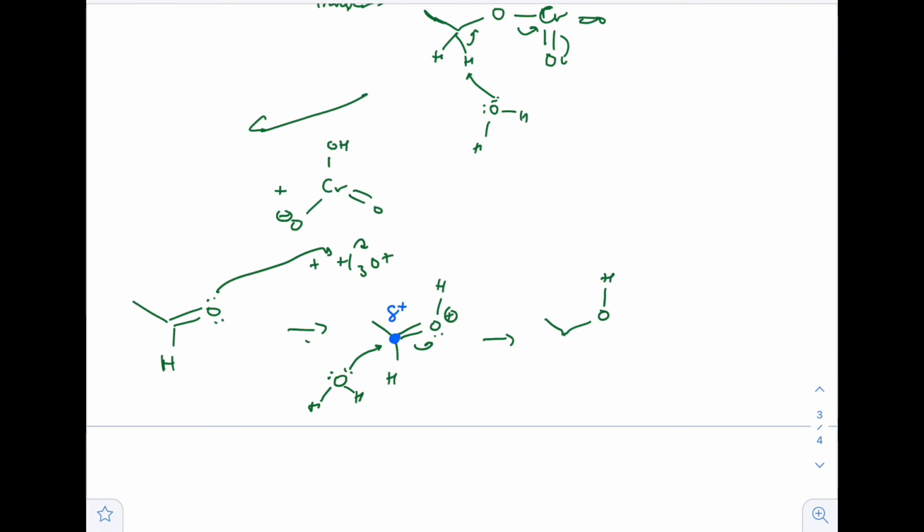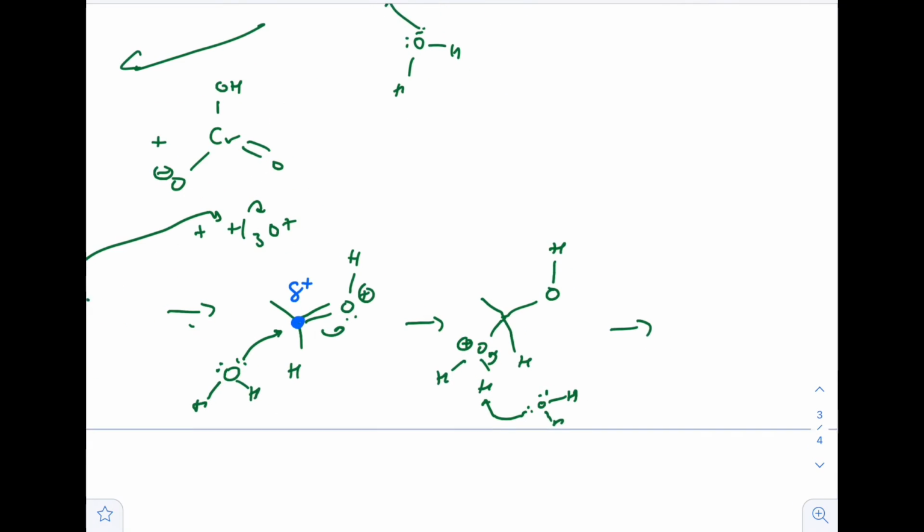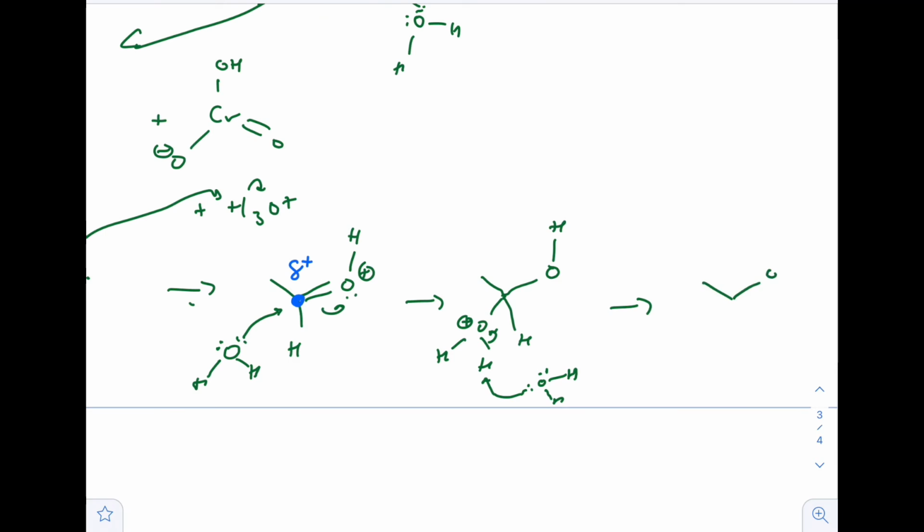Okay, so water attacks to neutralize that oxonium ion, creating another intermediate that does have a positive charge on an oxygen, but then we can just remove that proton real quick. And that gives us this thing right here. It's a carbon with two OHs on it, right? So it's a geminal diol. And this is called a hydrate because we added water to that carbonyl compound.